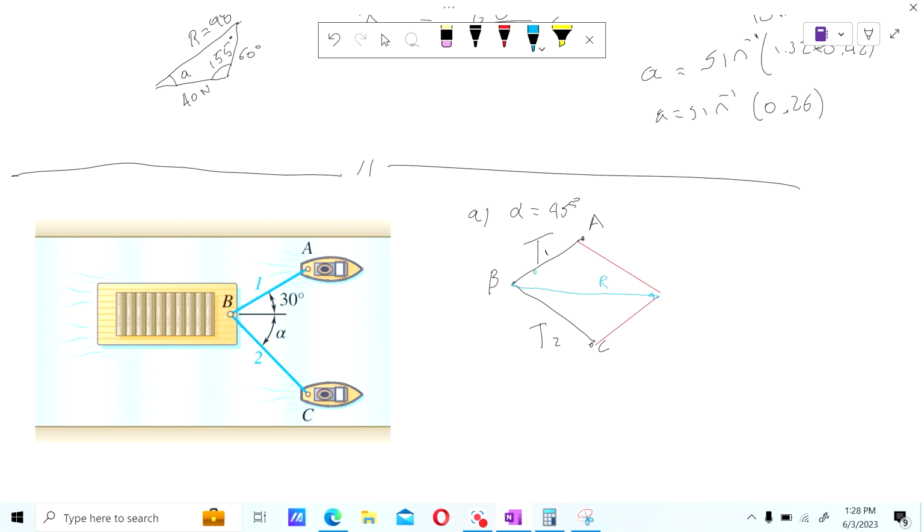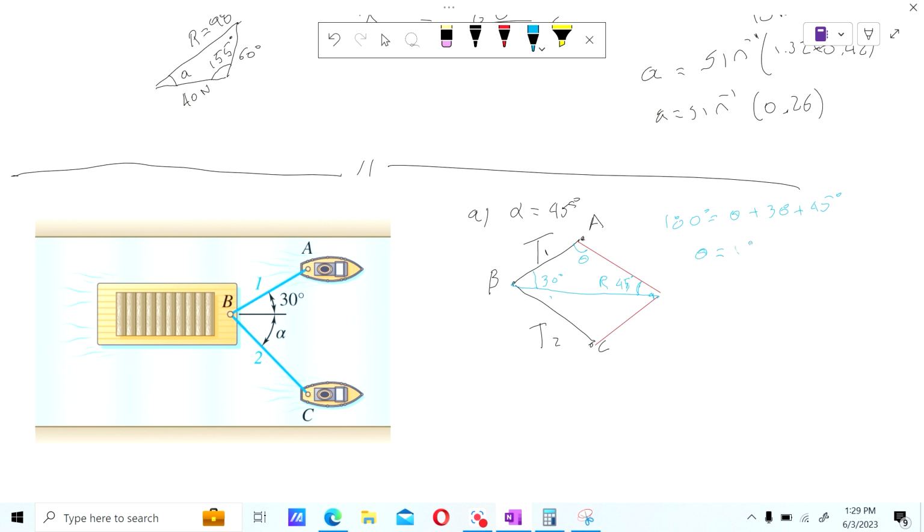They're telling us that this is 30 degrees and this is 45. So this is 45, if you remember trigonometry. Let's say this is theta. So 180 degrees equals theta plus 30 plus 45.